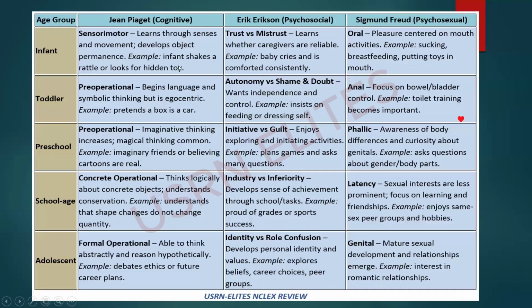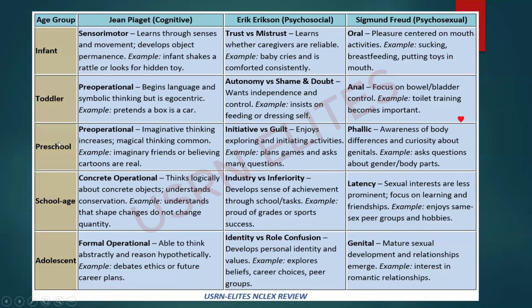An example here is when a toddler pretends a box is a car. They are in their own world, they do their own thing.